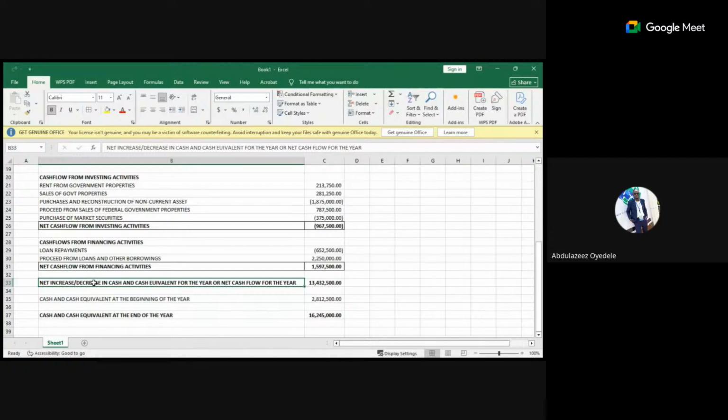The one we did last week, I'm very happy that some of you have tried other questions on statement of financial performance and statement of financial position. Some of you have tried other questions apart from the one we did in class, and a couple of them reached out to me when they had some challenges, which I was very glad to explain to them.